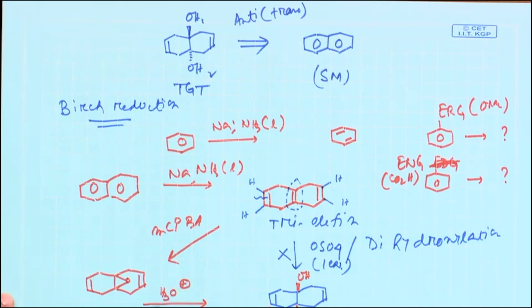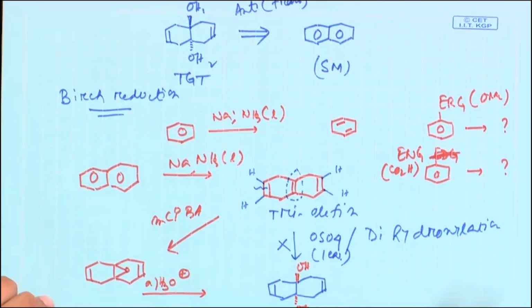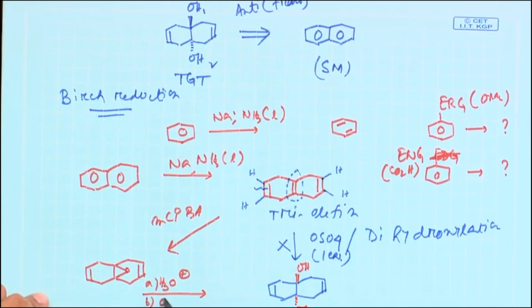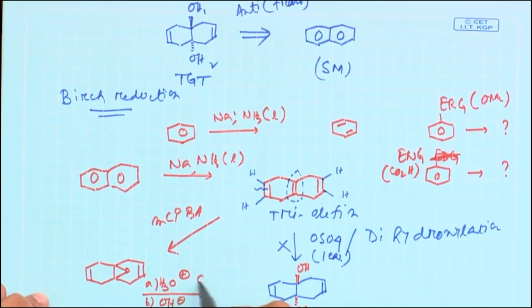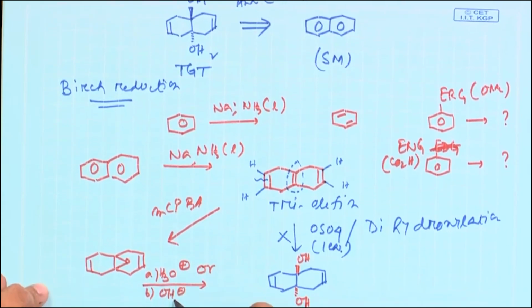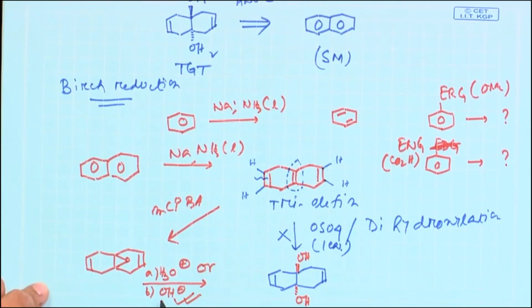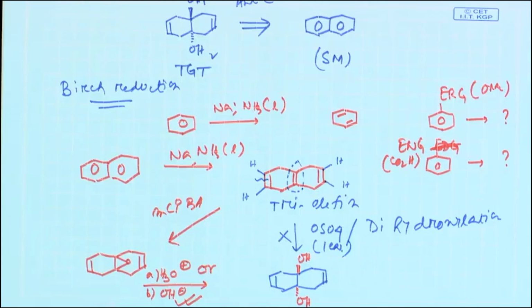You can do an acid catalyzed cleavage or a base catalyzed cleavage, depending on your resources. With base catalysis, a stronger nucleophile, the SN2 chances are very high, and you will always get an anti-diol. That will solve the problem.